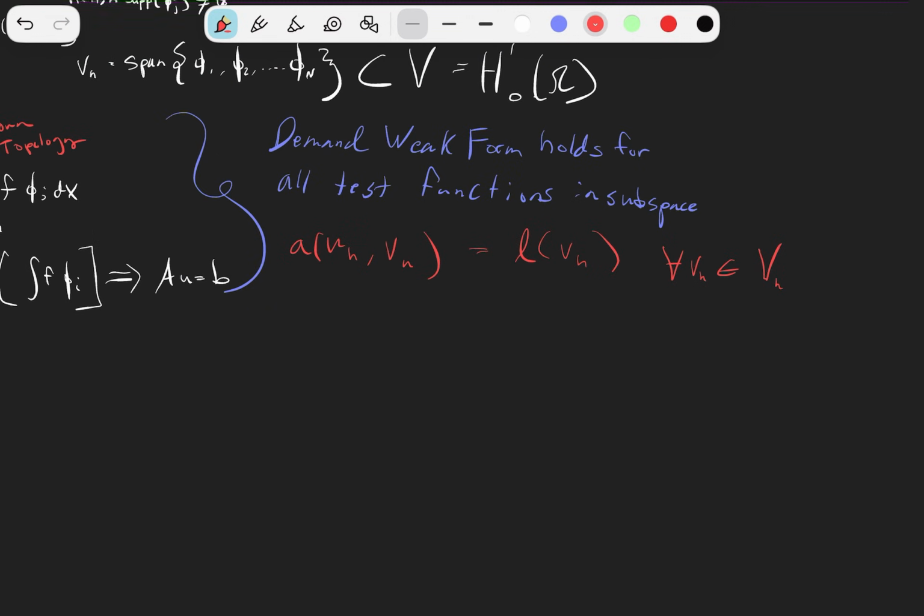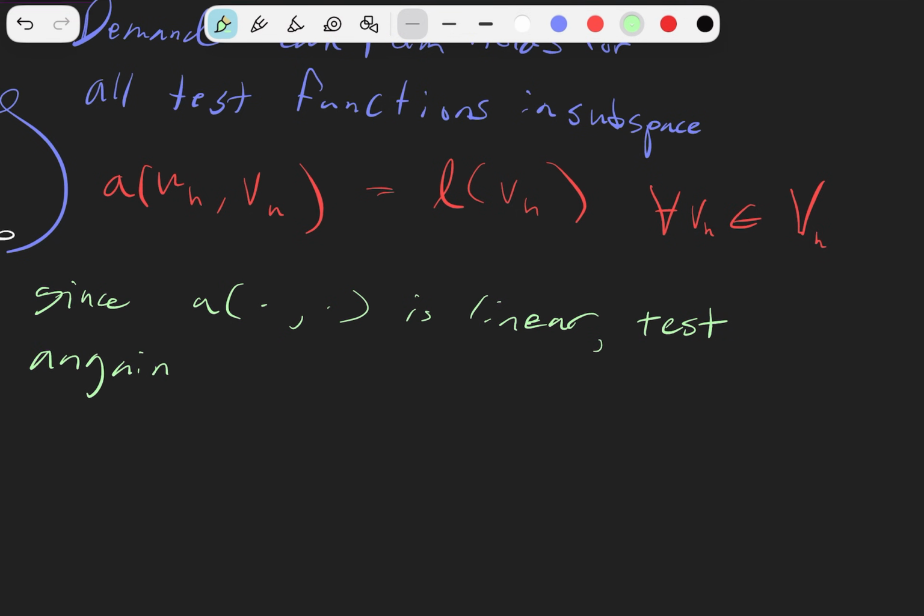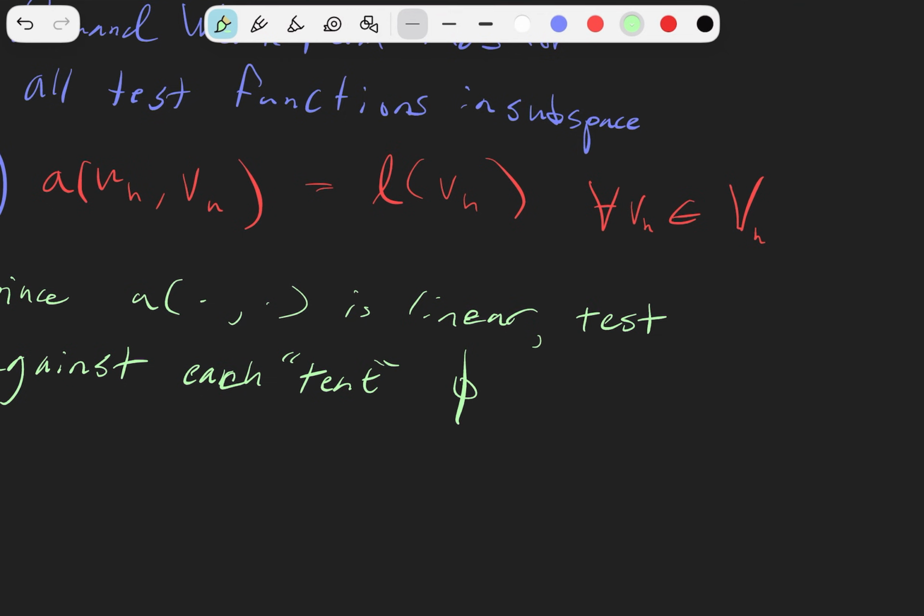Okay, and since, again, let's say since this bilinear form is linear, we can test against each tent, if you will, phi sub i.